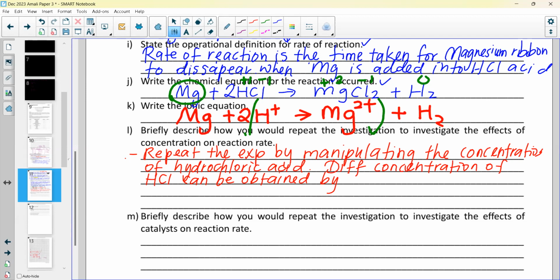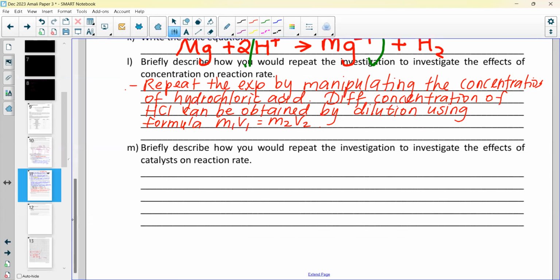Dilution. Using the formula M1V1 equals M2V2. Still okay? If this is still okay, then we proceed.